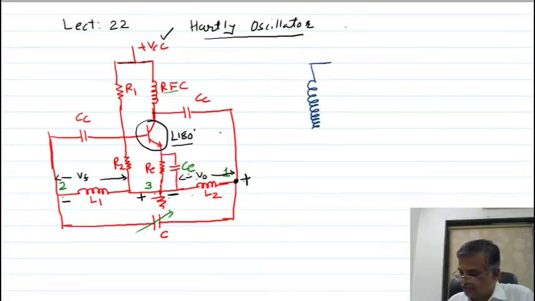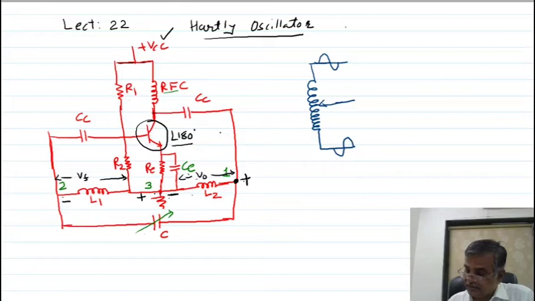You use a center tap transformer in a full wave rectifier circuit, and you have drawn such a diagram, you must remember. It means when this is positive with respect to this, at the same time this terminal is negative with respect to this. This is nothing but similar to this.